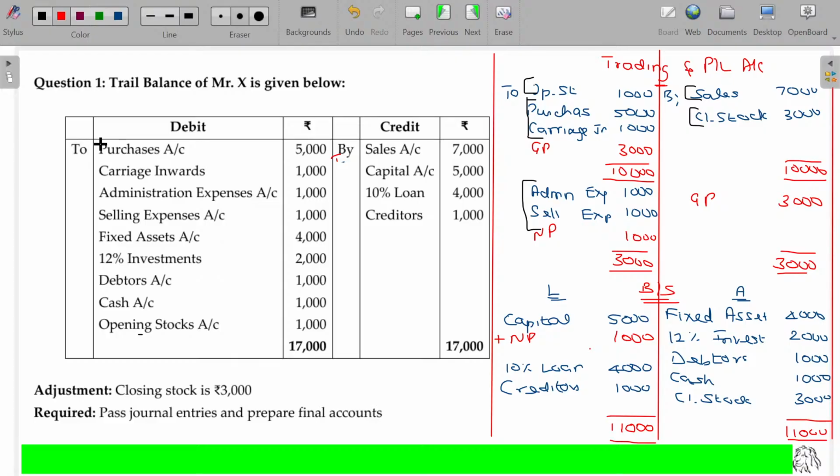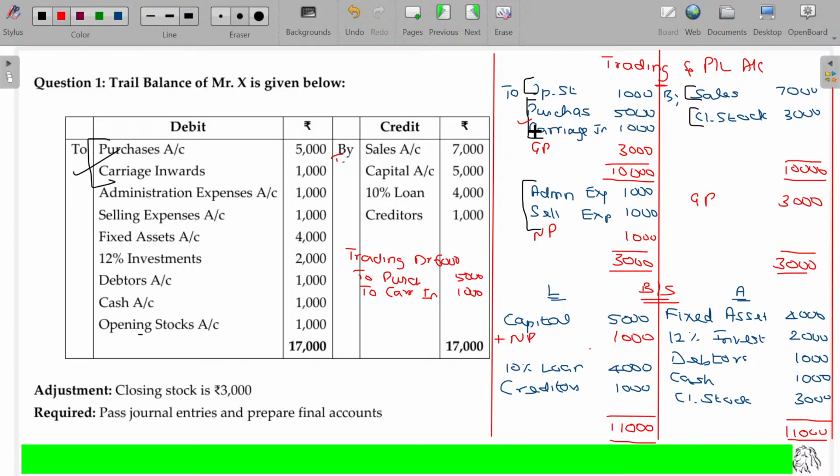Now, for these two, it should be debited to the trading account. So, trading account debit to purchases, to carriage in. The value being 5,000 and 1,000, 6,000.